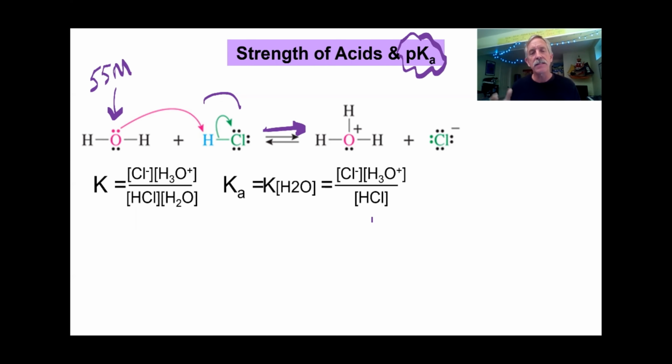And if it remains constant, then let's pull it out and multiply it times the equilibrium constant and create this new expression known as Ka, which looks at only the species that are involved in this process that really relate to the acid and its conjugate base.